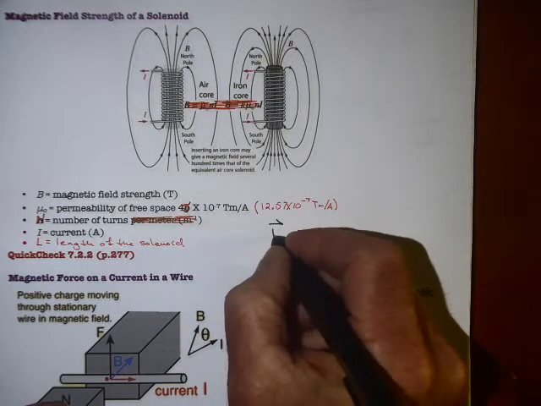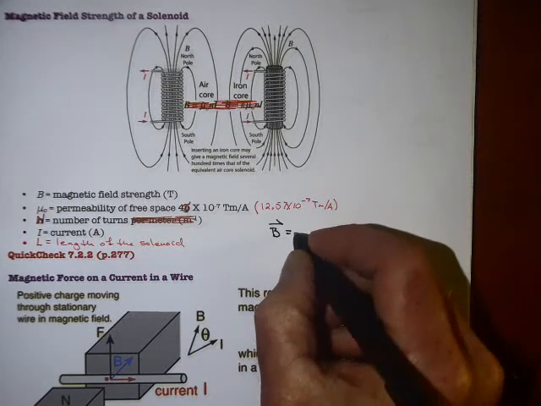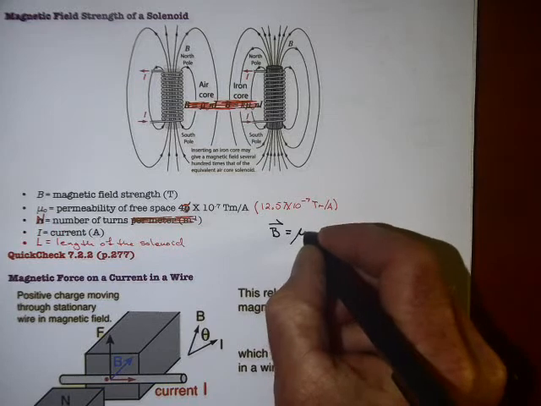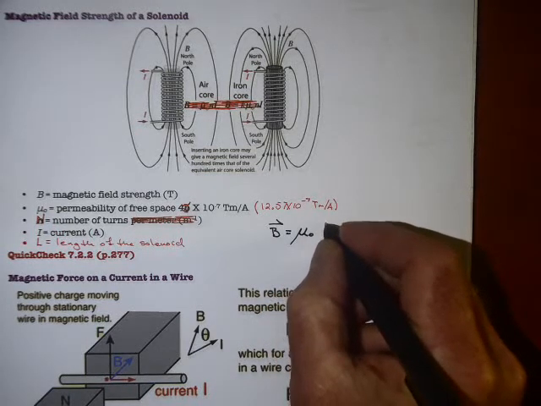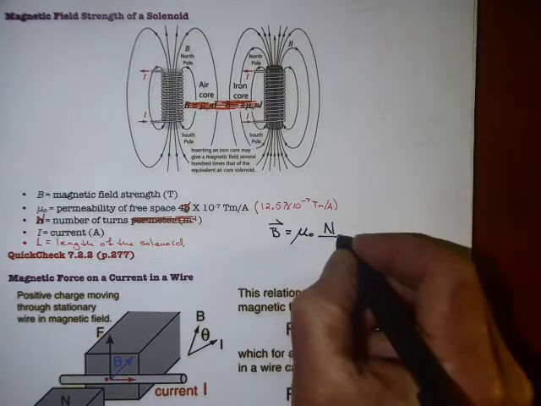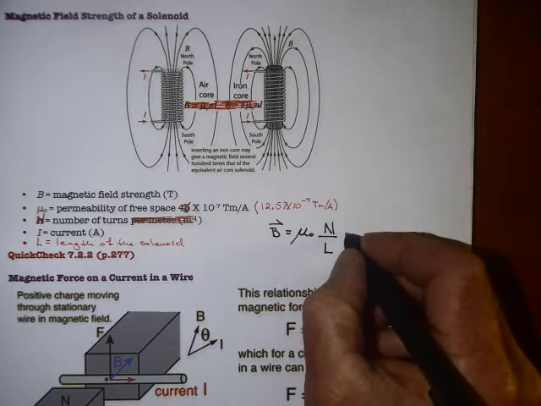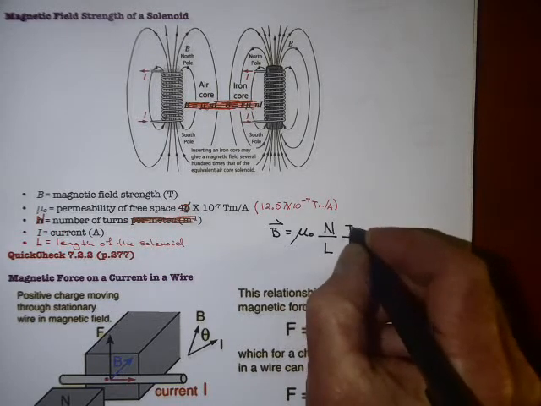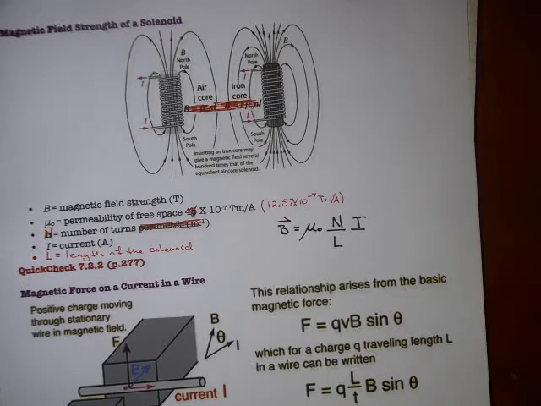The field strength produced by the solenoid is equal to the permeability of free space times the number of turns divided by the length of the solenoid times the current in amps, just like that. Okay? Why don't we give it a shot?